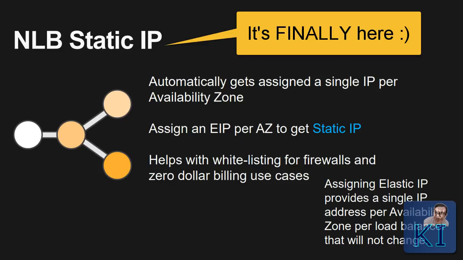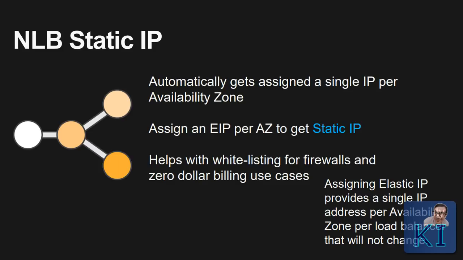Now with NLB, you can specify the two elastic IPs as I had shown you. And the good thing is those elastic IPs would not change. Hence, in any of your firewalls, if you want to specify some rules, you can specify them using these two static elastic IPs, and you need not worry about changing those rules at all.